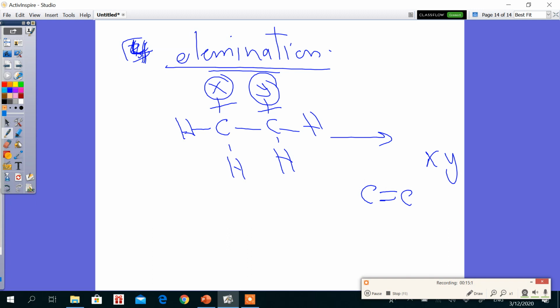Instead of a single bond, we form a double bond. So it is an elimination reaction. Elimination of XY means extraction of XY out from my organic compound. Elimination reaction is one in which a simple molecule like water or ammonia is formed and the adjacent carbons are combined with each other.